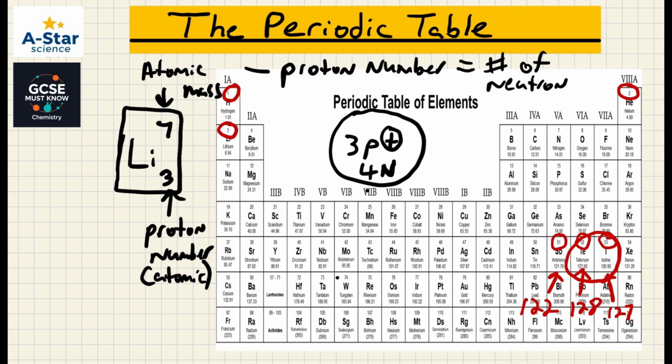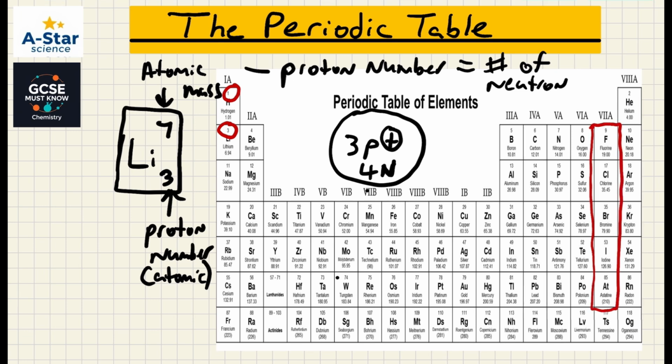Now, what's the reason for this? The reason is that in this particular family, which we call the halogens, iodine is more like the ones in that family than tellurium is. So it was put into that family despite its atomic mass not following that pattern.